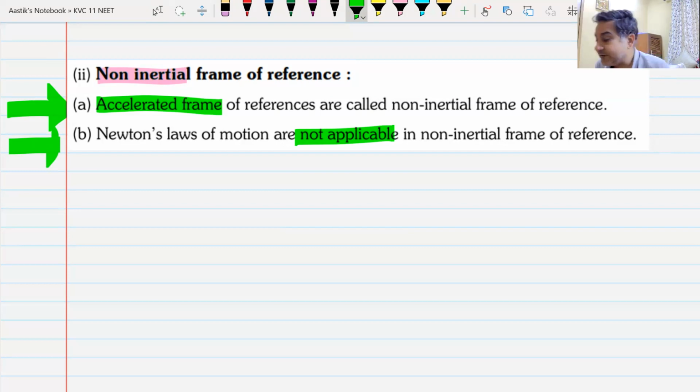Newton's laws are not valid in a non-inertial reference frame. Have you written this?